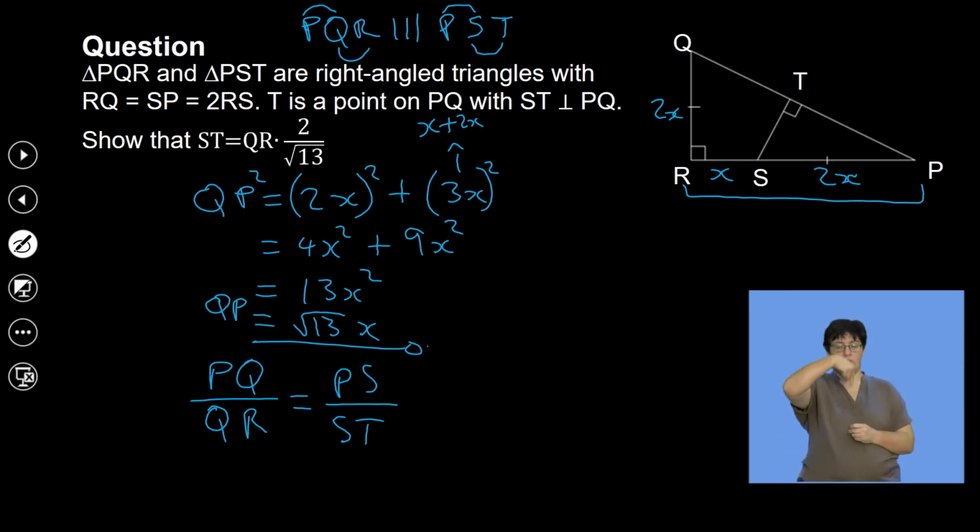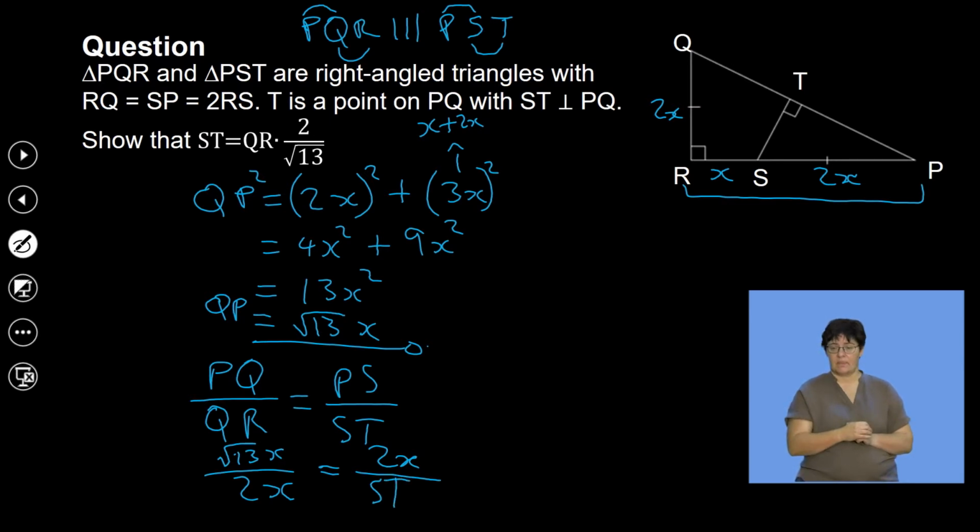PQ, we just found it to be square root of 13x, over QR, we were given as equal to SP, right, which I said was 2x. So this is 2x, and this is equal to my PS, which is also 2x. Then all of this is divided by the ST, which is what I'm trying to make the subject of the formula.